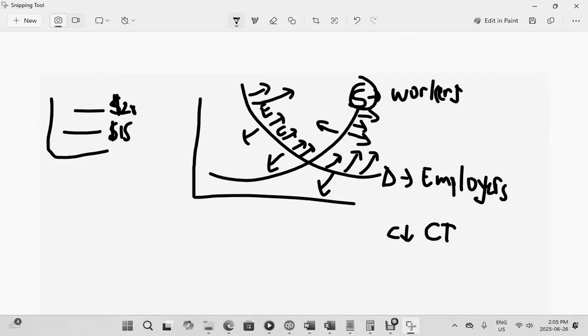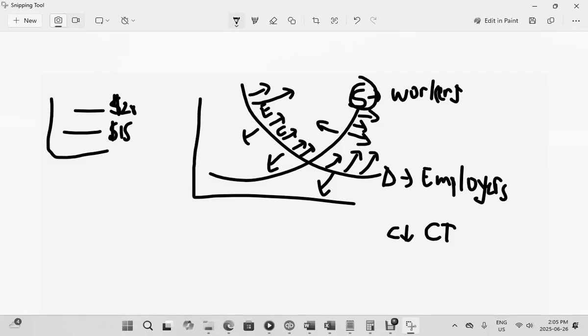Obviously, as more workers graduate, more students graduate and join the labor force, the supply of workers goes up. Apart from that, you also have other factors that we're not going to talk about in this video, but in short, both the demand and supply of workers will go up and down based on economically relevant factors.